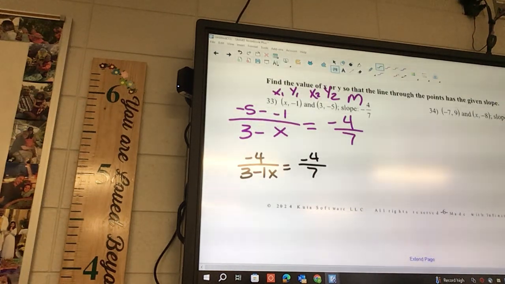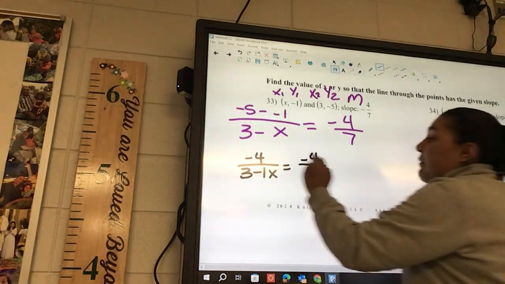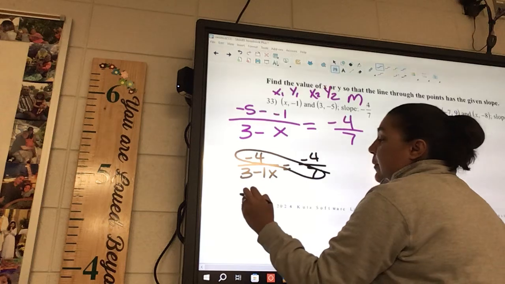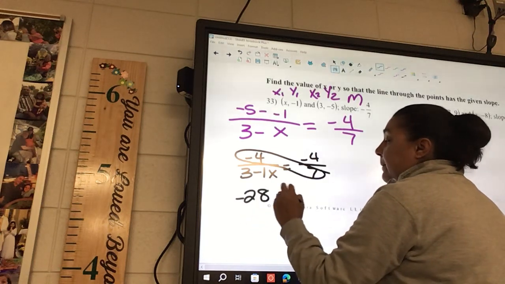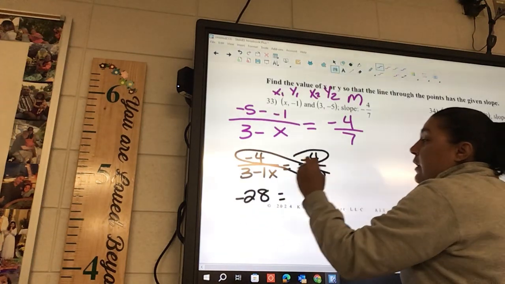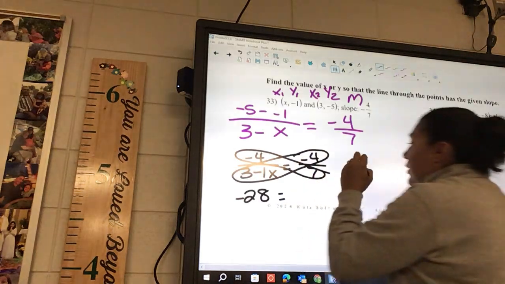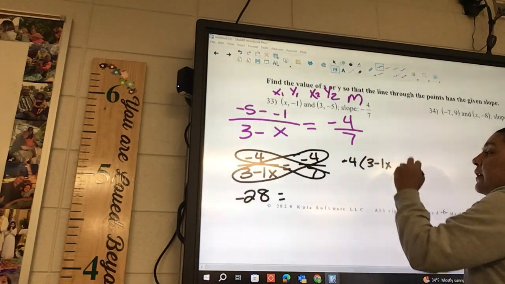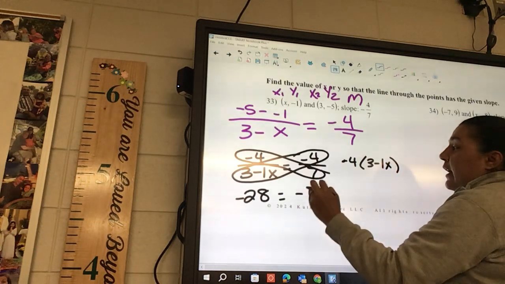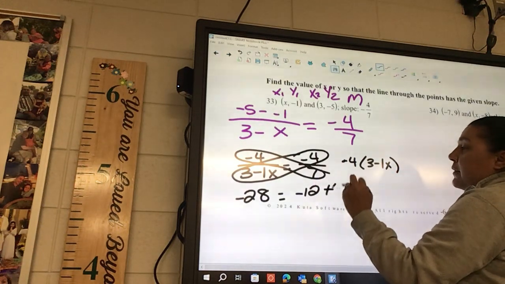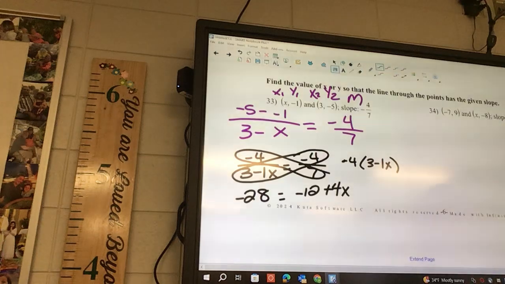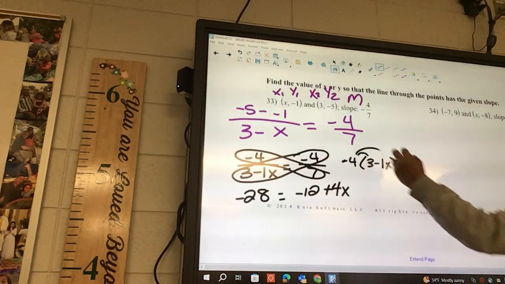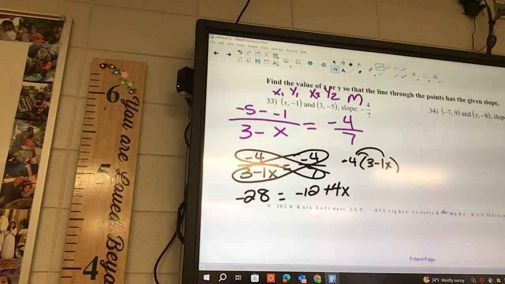Then from here, we're going to cross multiply and divide. So -4 times 7 is going to be -28. On this one, remember, we have to do it for each piece, so it's really going to look like -4 times (3 minus 1x). So it's going to be -12 plus 4x. Who needs moved?